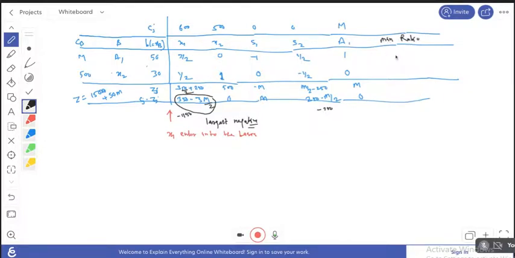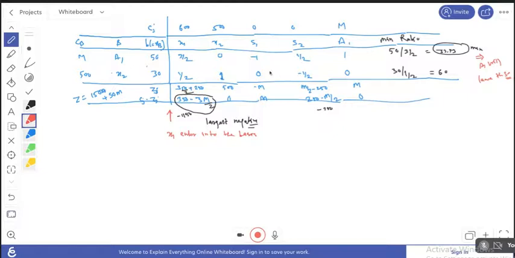The minimum ratio is here: 50 over 3 by 2, and here 30 over half. This is basically 100 over 3, which is 33.33, and this is 60. So this one is minimum, which means variable a1 will leave the solution.